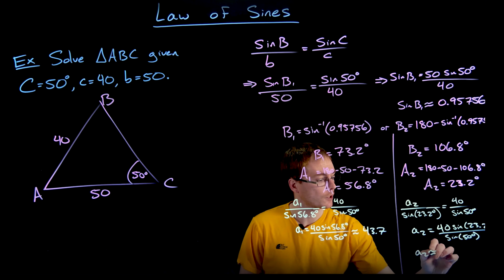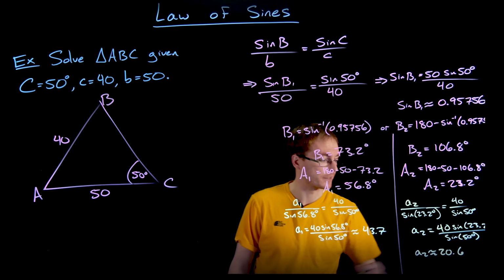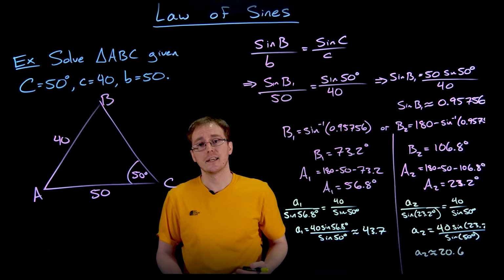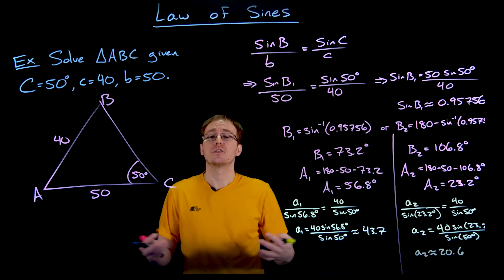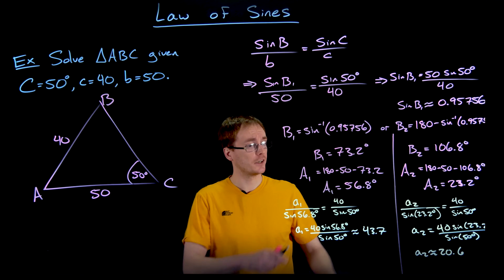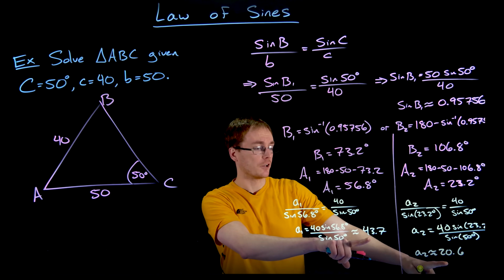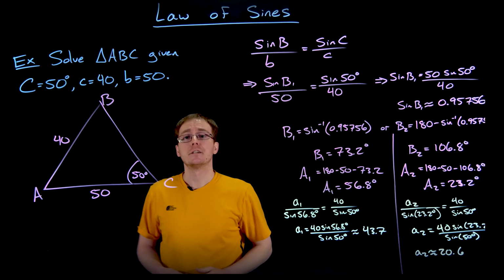And little a2 is going to work out to be approximately 20.6, which makes sense because our sine function, as well as our law of sines, is basically saying as the angle gets bigger, our sine function gets bigger, and that makes our side length have to get proportionally bigger as well. And so that's what we see here. Angle A1 is bigger than angle A2, and so side length little a1 should be bigger than side length little a2 as well.